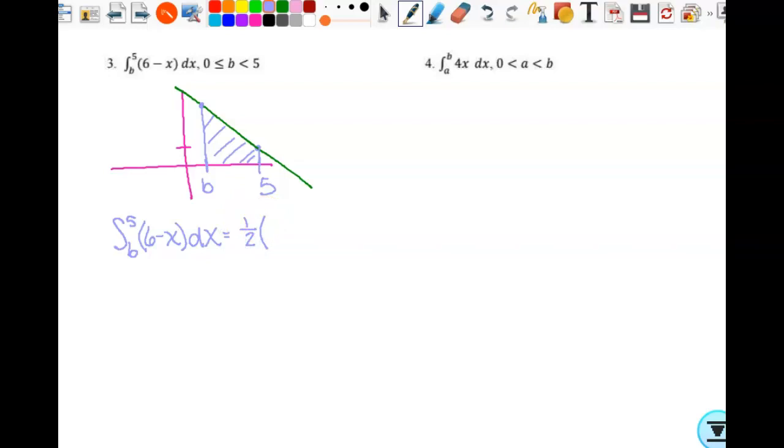Well, let's get these ordered pairs here. So this ordered pair would be b, comma, what? What would the y value be there? 6 minus b. This would be 5, comma what? 1.